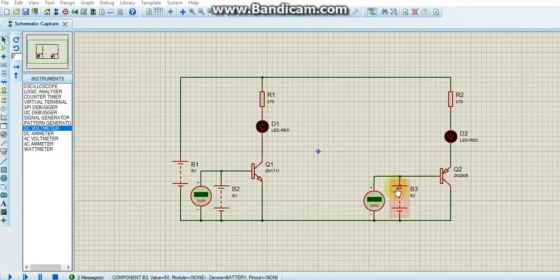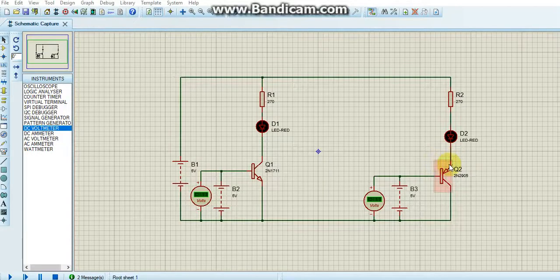So in this case, the base voltage is 5 volt and the emitter voltage is 5 volt, so there is no voltage difference between them.